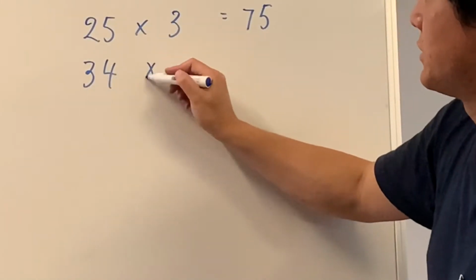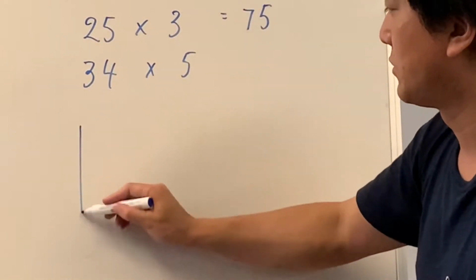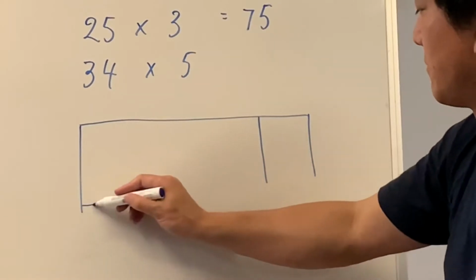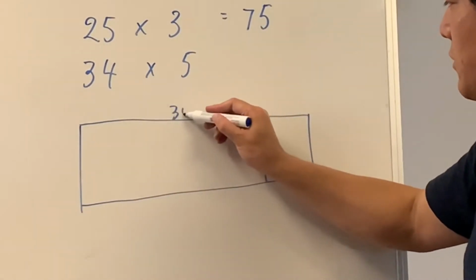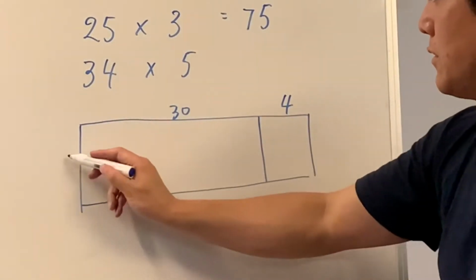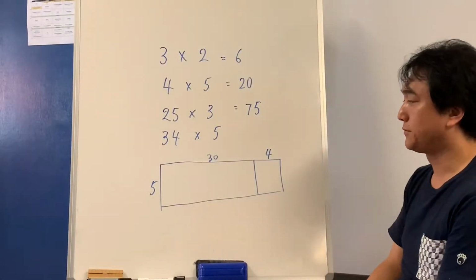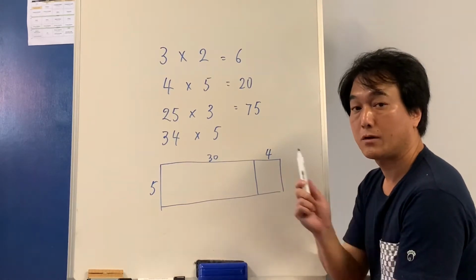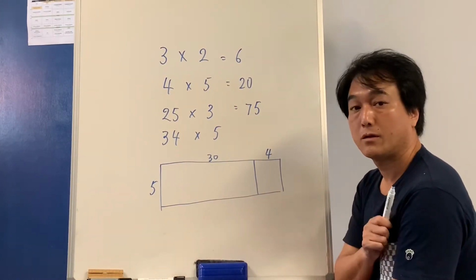34 times 5. So 30 dots, 34, 5 rows. I'll pause the video. Can you try? Let's pause the video.